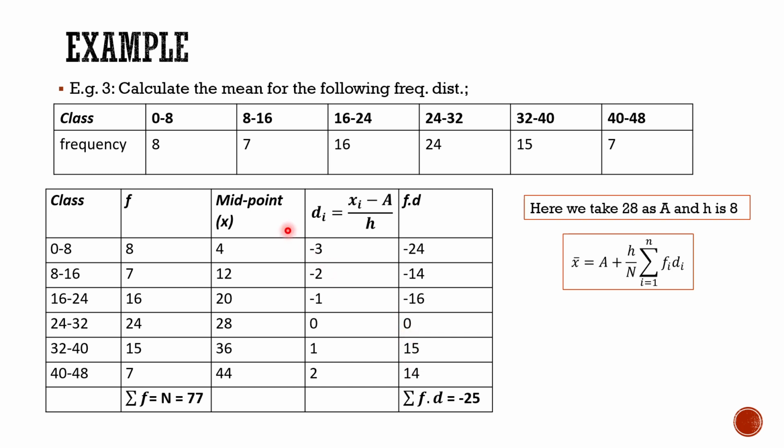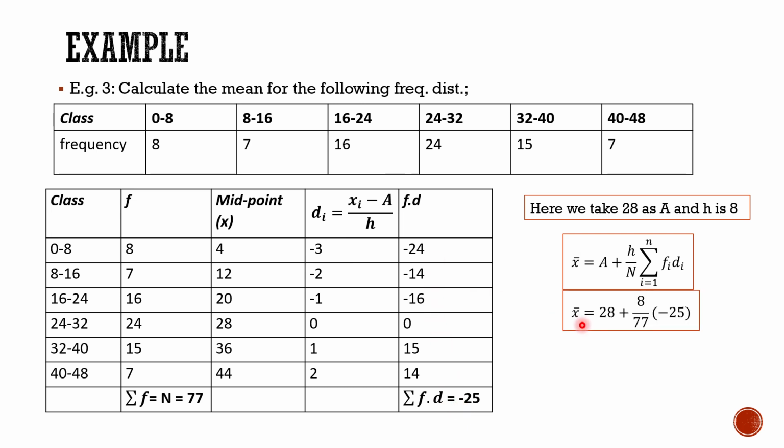Keep in mind that these negative signs should be there. You cannot avoid these negative signs, and this is how we calculate summation fi di, which we got as minus 25.